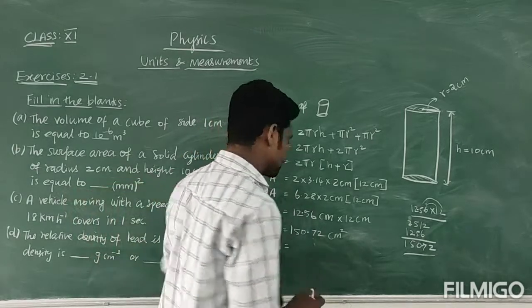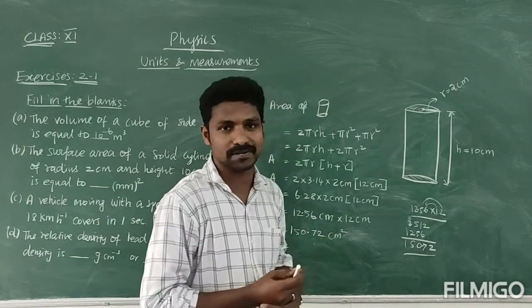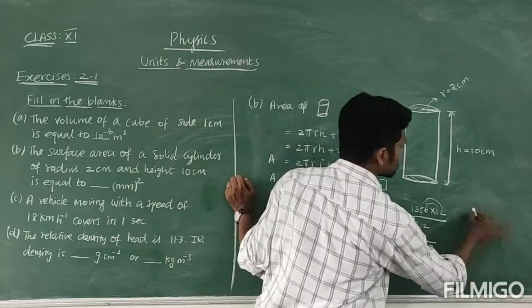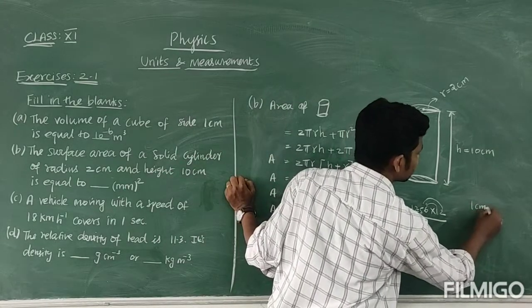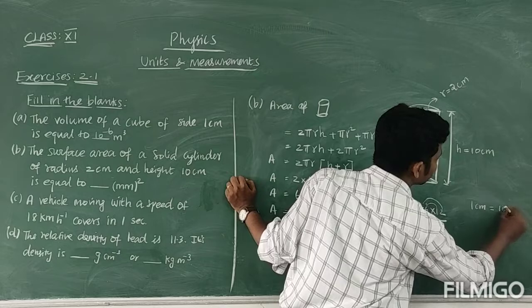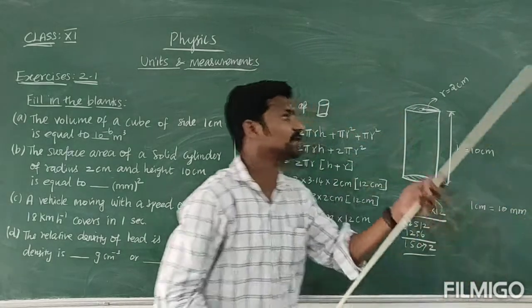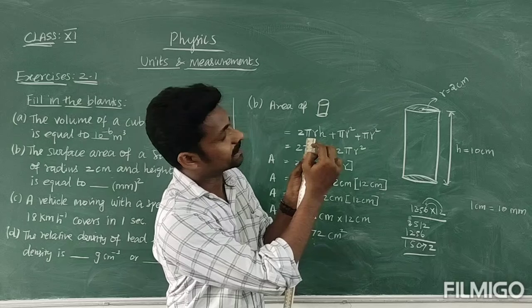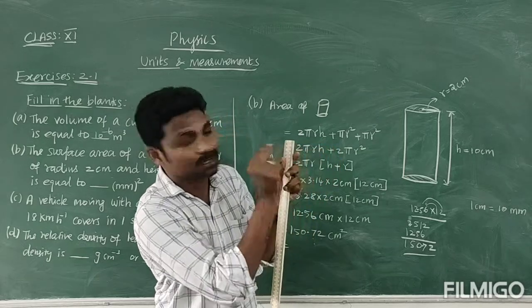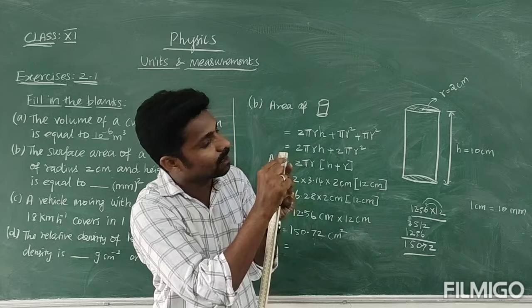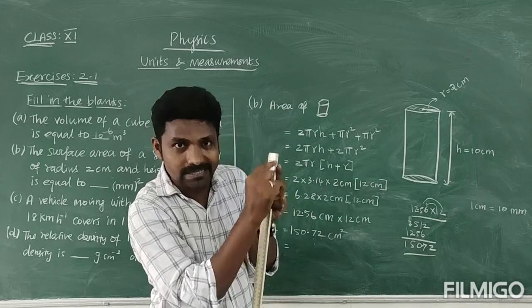Okay, here it is centimeter square, but in the answer they are asking in millimeter square. So how to approach millimeter square? See that, I'll write here, we know that 1 centimeter is equal to 10 millimeter. Just take a scale itself, you know, in the 1 centimeter gap the very small lines, the 10 lines are there, and each and every line is a millimeter.